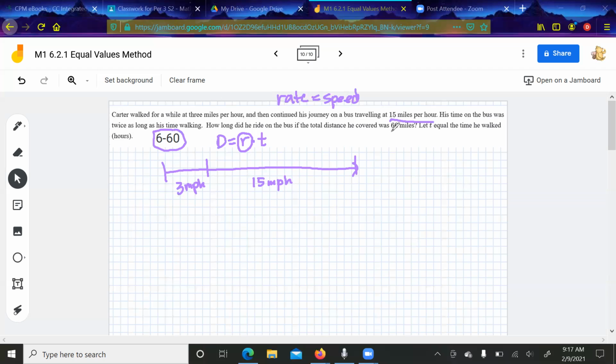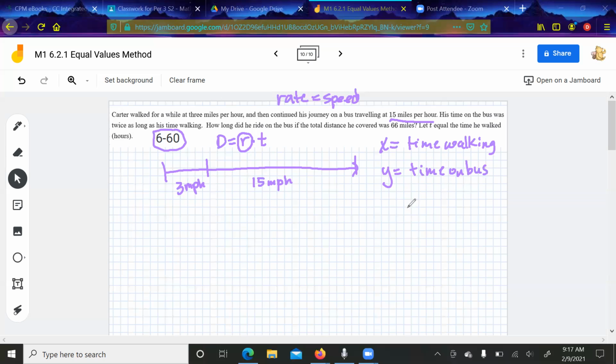His time on the bus is twice as long as it is walking. So we'll call one x and one y. Let's say x is his time walking. Define our variables here. And y is his time on the bus.